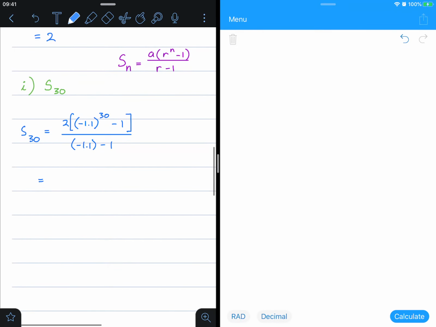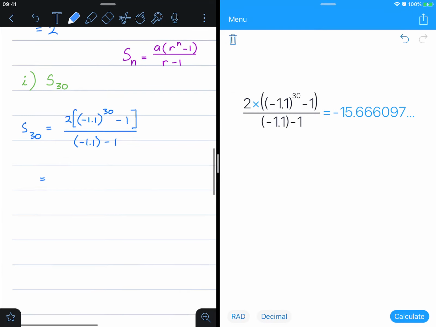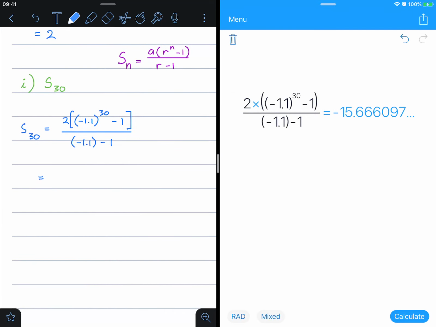Straight into our calculator: 2 times (negative 1.1 to the power of 30 minus 1) all over negative 1.1 minus 1.